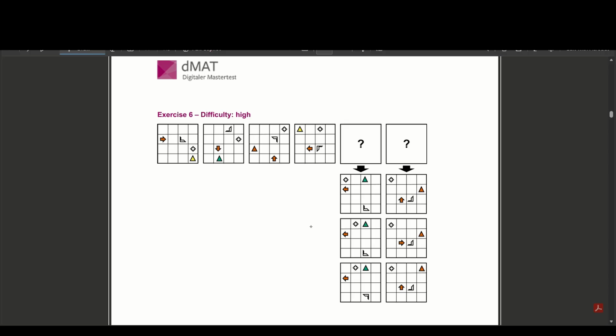Here the triangle is basically yellow color, then it skips one step, then it is in a green color, then it skips two steps, then it is in a yellow color, then it will skip again and it would be here.